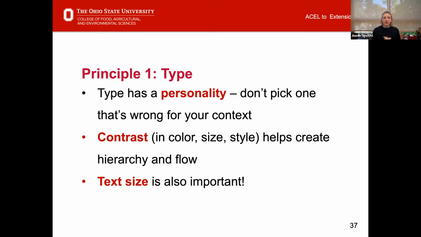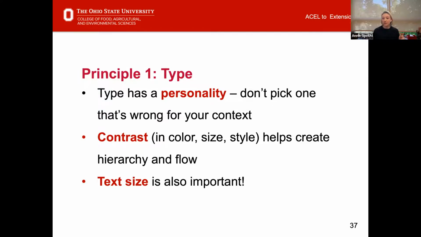One of the other things that we have to think about too is contrast. And we're going to talk about contrast a little bit on the next slide when we start talking about color. But contrast is basically what helps make things visible to your audience. So whether it is contrast in color, contrast in size of the type that you're using, contrasting two different styles, these contrasts help create a sense of hierarchy within your document. Right?